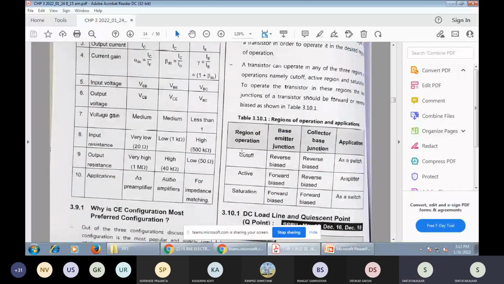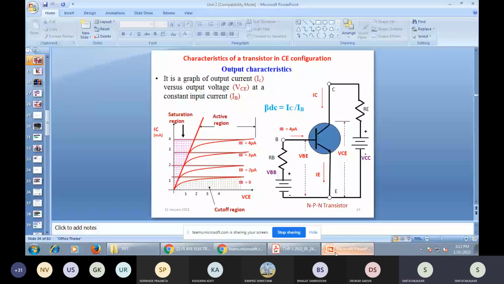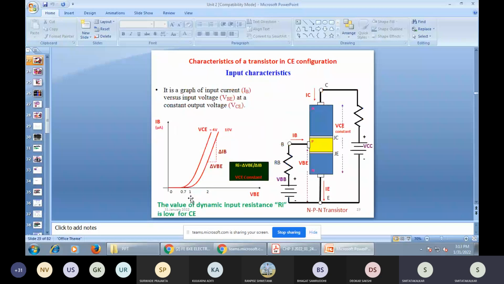You can see the right side of the table, table number 3.101, regions of operation. If the cutoff region, which cutoff region? The transistor goes to 0.7 volt. This is known as the transistor in the cutoff region.